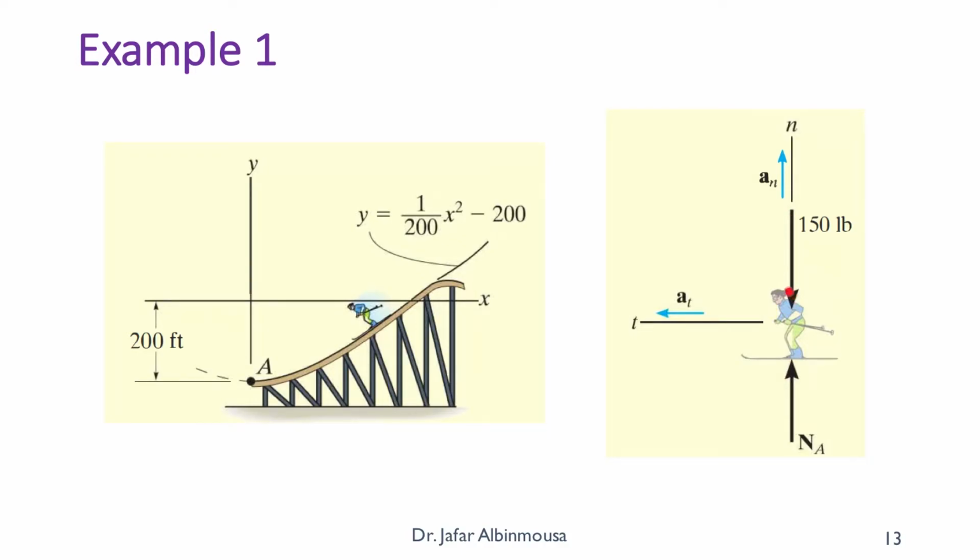The weight of the skier is 150, and this time the weight is collinear with the normal direction, because the normal direction happens to be along the y-axis, the vertical. Also, the tangential coordinate is right here, and as the skier is moving in this direction, the positive tangential has to point in the direction of the motion. So this is where the tangential acceleration is positive.